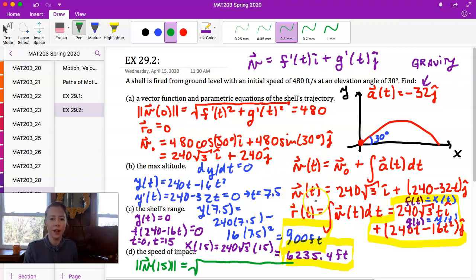Looking at our velocity vector, we have 240 times the square root of 3, and there's no t attached to that, so that's just going to be (240 times the square root of 3) squared, plus, now looking at the y component, (240 minus 32 times 15) squared.